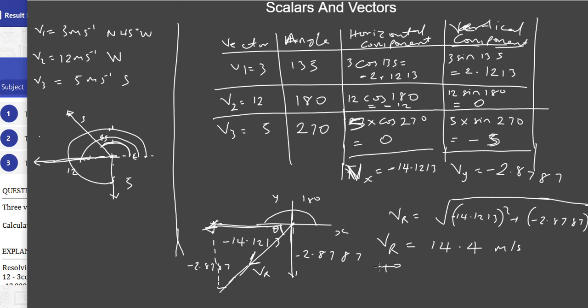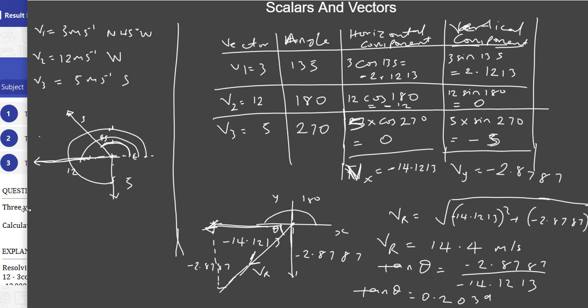So tan theta is opposite, minus 2.8787, divided by the adjacent, minus 14.1213. So that makes tan theta equal to 0.2039.